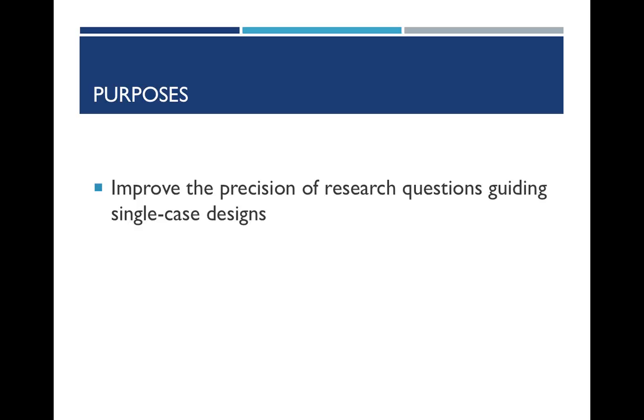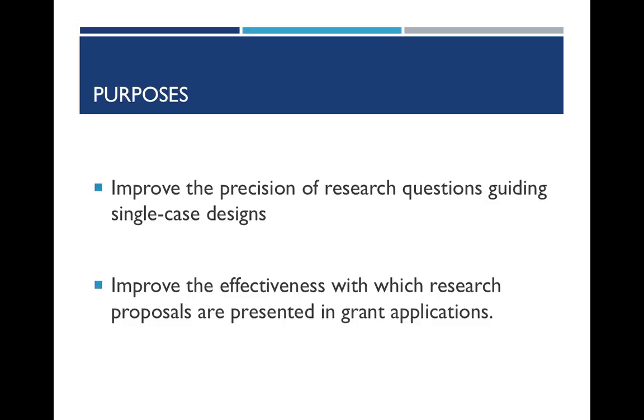So the major purposes of this module are, one, to increase the precision of research questions and the value of those questions to guide single case research, and to improve the effectiveness of grant applicants as they are preparing grant proposals for submission to IES.